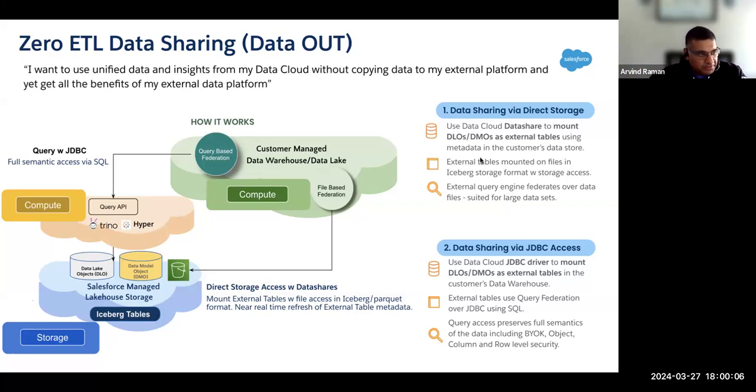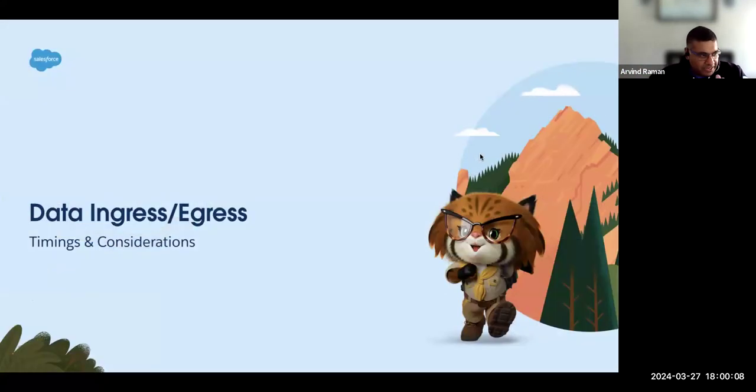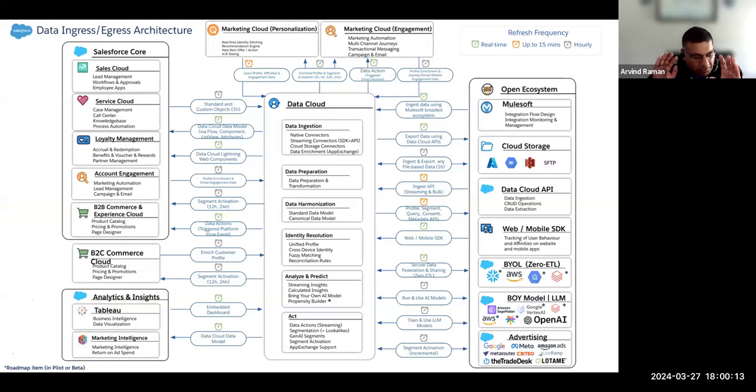And then I think I have a couple more, right? I'm going to show here, I want you all to memorize this. No, I'm kidding, but there are different connectors for Data Cloud in terms of the ingress side, the way that you're bringing data in, and on the egress side, how you get data out through activation. Each one has its own refresh frequency. Is it real time, near real time, or every 15 minutes or every hour?